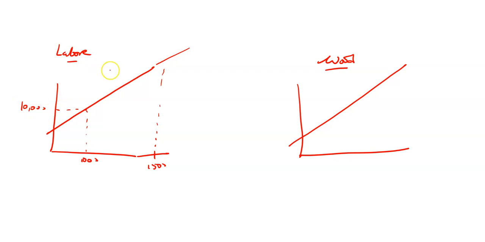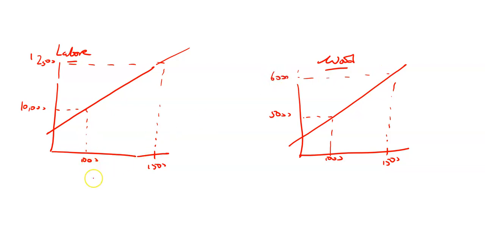And when you had 1,500 windows, you had 12,500. So that's what we're trying to work out here. And with 1,000 windows, in terms of wood, we spent 5,000. And then here, we spent 6.